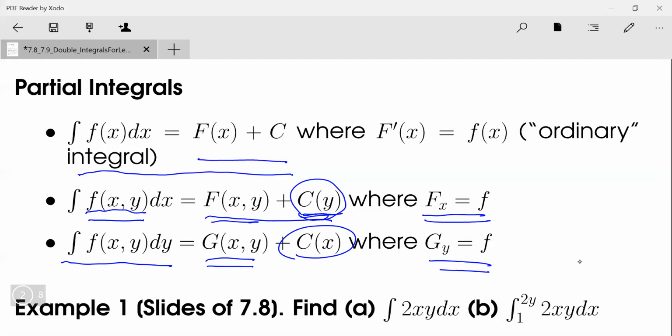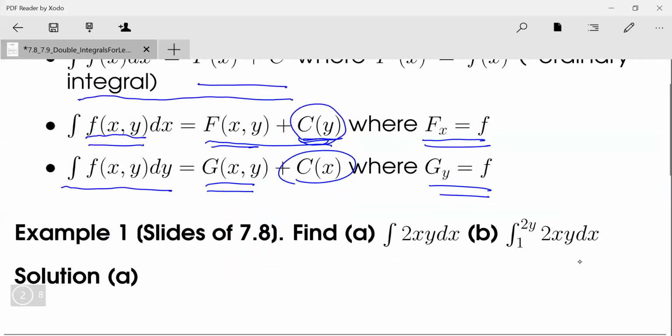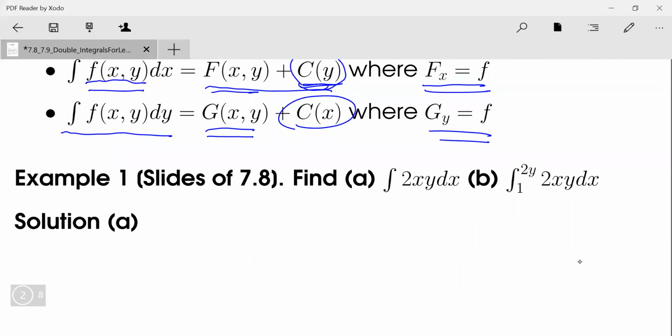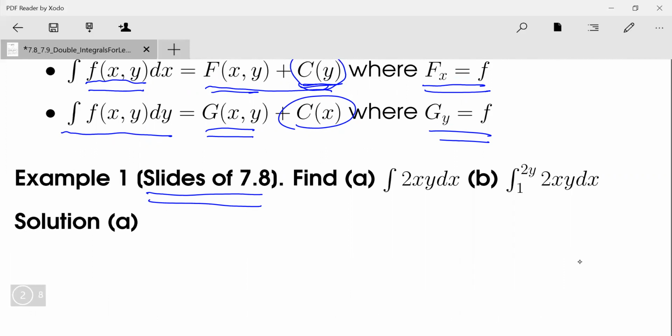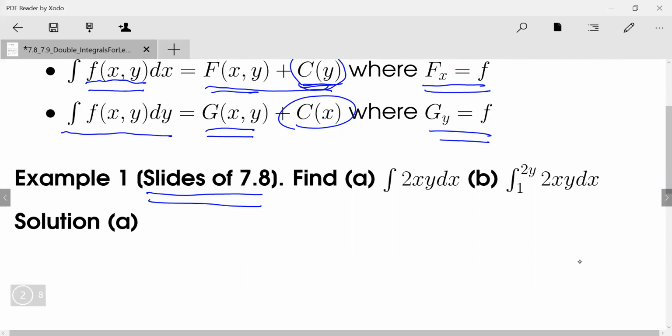Okay, let's see an example. This example is actually from our slides, and the file of our slides is also posted. The first question is to integrate 2xy with respect to x.